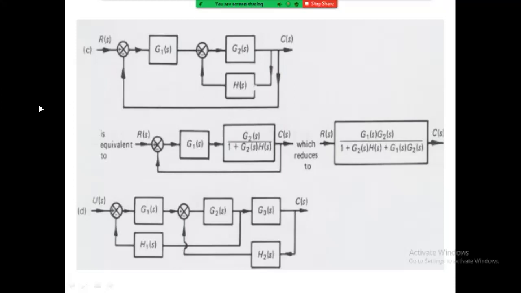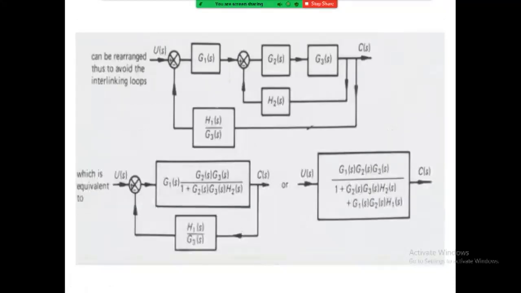Now in this fourth block, U of S and C of S are given. So one by one we have to reduce these blocks. We see the next diagram. Here G1 and H1 will be considered as they are, and these two blocks are in cascade form.